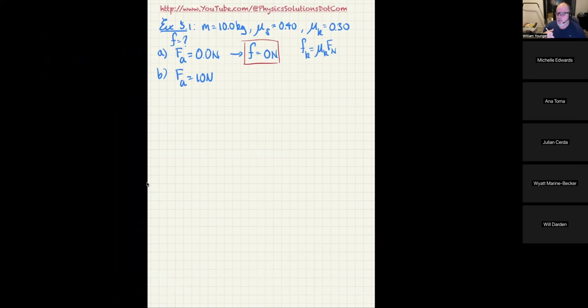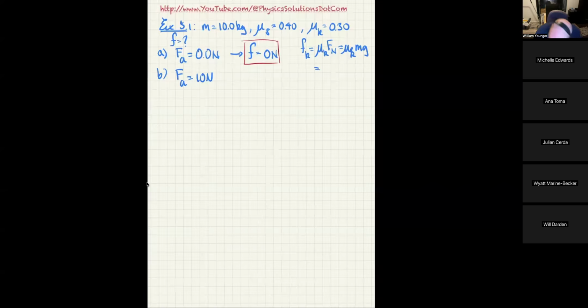And since this box sits on a horizontal floor and we didn't say any extra forces are being put on it, then we learned from chapter 4 that the normal force is just equal to the weight. So this is equal to mu k times m times g.